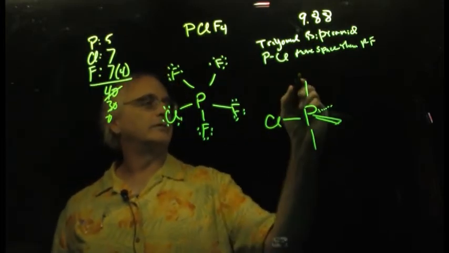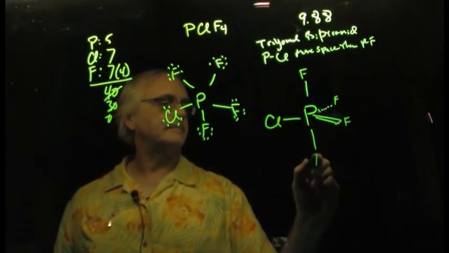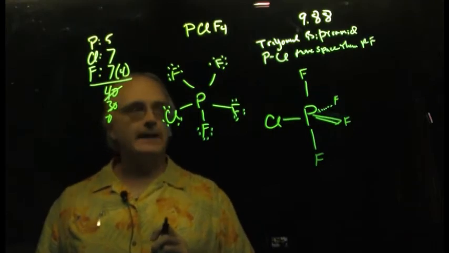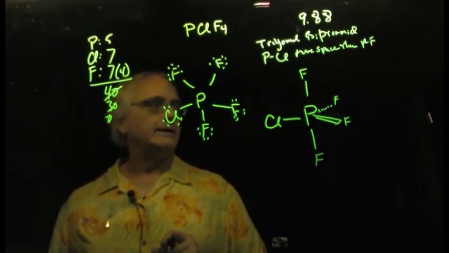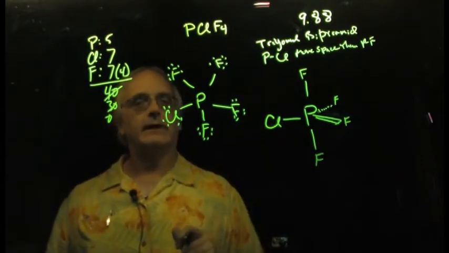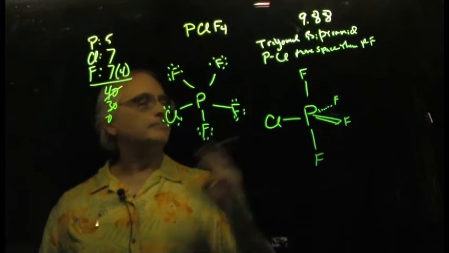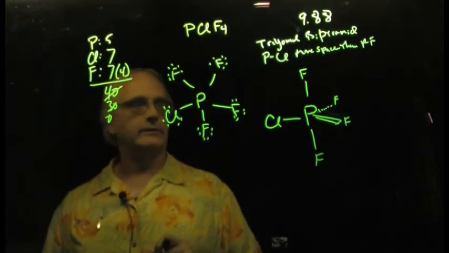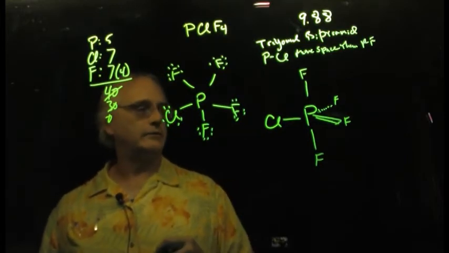The other four positions are going to be where the fluorines are sitting. And I'll draw them in like that. And there is sort of an idealized trigonal bipyramid with the chlorine positioned in the equatorial region of this particular geometry. So there's a nice representation of the molecule with its geometry taken into account. It will have trigonal bipyramidal molecular geometry as well.